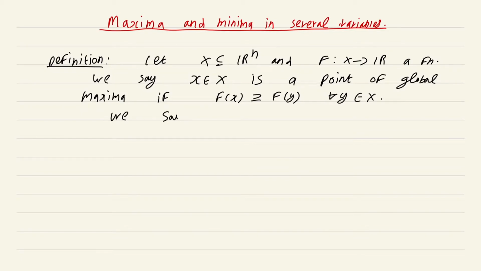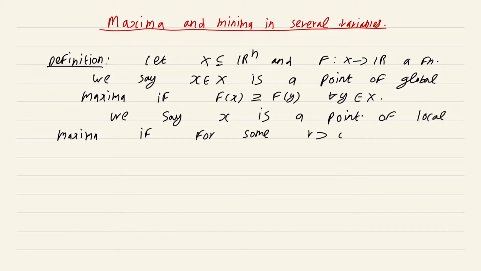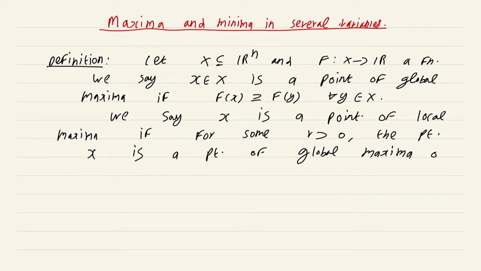We say x is a point of local maxima if for some r greater than 0, the point x is a point of global maxima of f restricted to B(x, r) intersection X. So instead of focusing on the whole of X, I just focus near the vicinity of this point x.